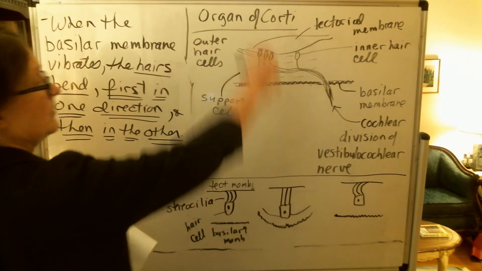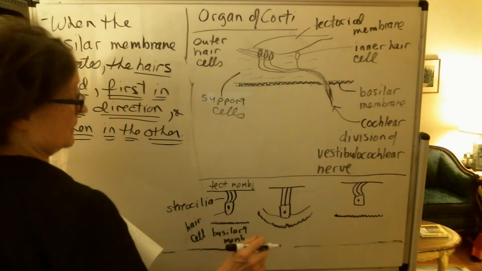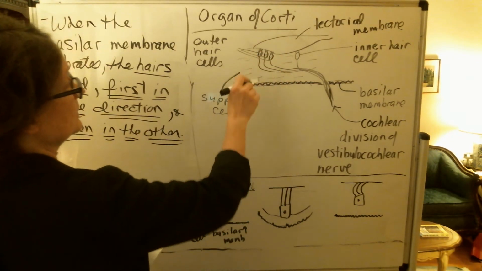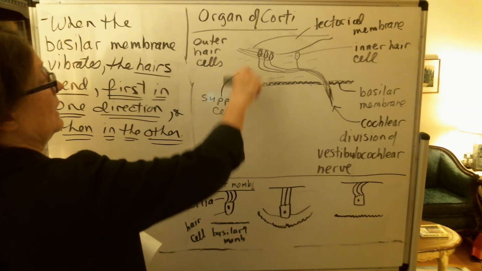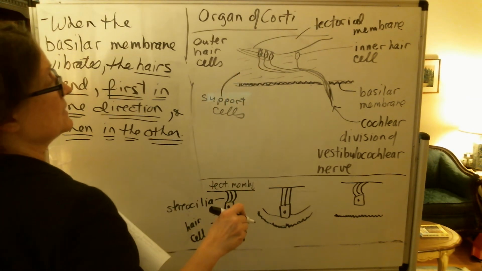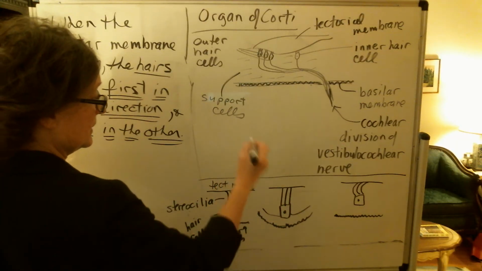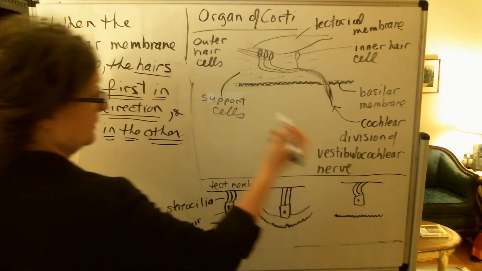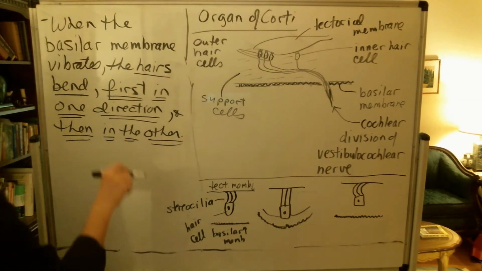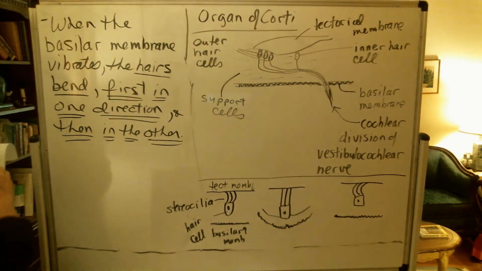So as the basilar membrane vibrates, these little guys that are embedded in the tectorial membrane nonetheless wind up having those vibrations translated such that the hairs bend first in one direction, then they straighten out, then they bend in the other direction.